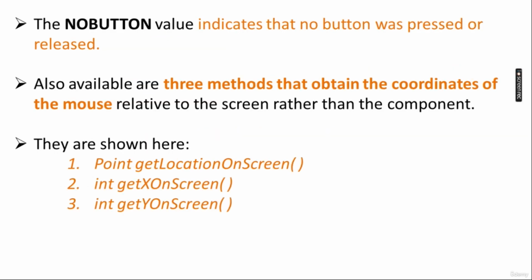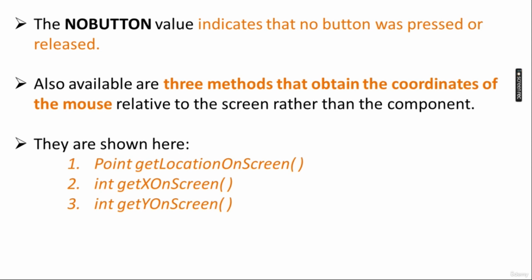NOBUTTON tells you that no button was pressed or released. Also available are three methods that obtain the coordinates of the mouse relative to the screen rather than the component. Location can be relative to the component in the GUI, and location can be relative to the position on the screen, that is the complete laptop screen or complete desktop screen.